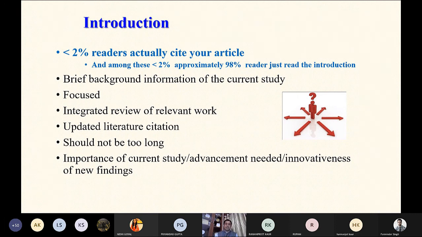Right now, in these days, whatever research and articles we have in the different journals, we are not going to have a separate section and heading for the review of literature. Now it has become a part of the introduction section of the research paper.